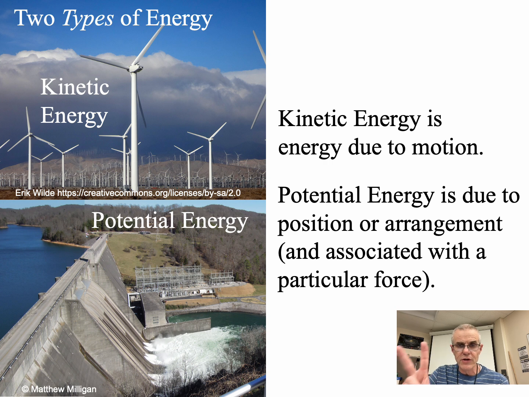We're only going to focus on two today, and these are sometimes referred to as mechanical energy. It's the energy associated with just ordinary matter by virtue of either the fact that it's moving or by the way it's arranged and some force that's acting on these objects or things with mass.